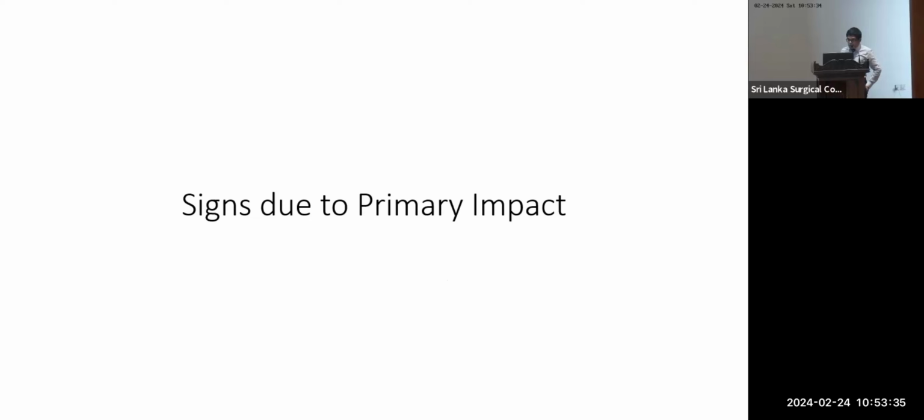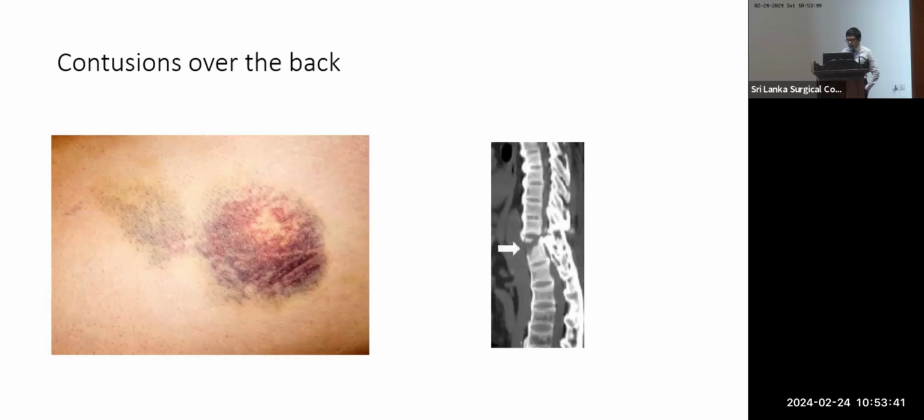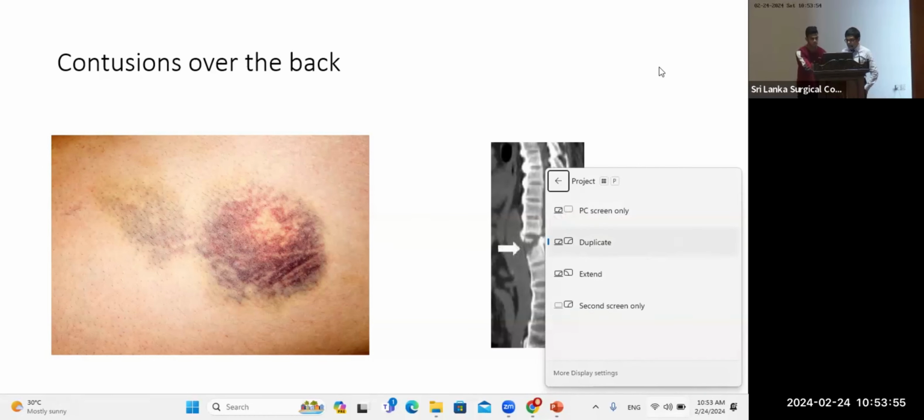So what are the signs that can occur due to primary impact? They may be either direct or indirect. Here is a patient who fell at the workplace onto a brick.